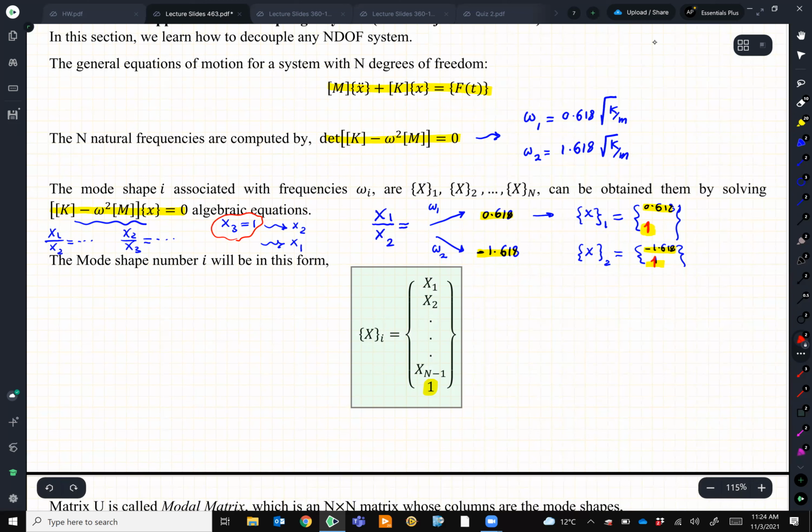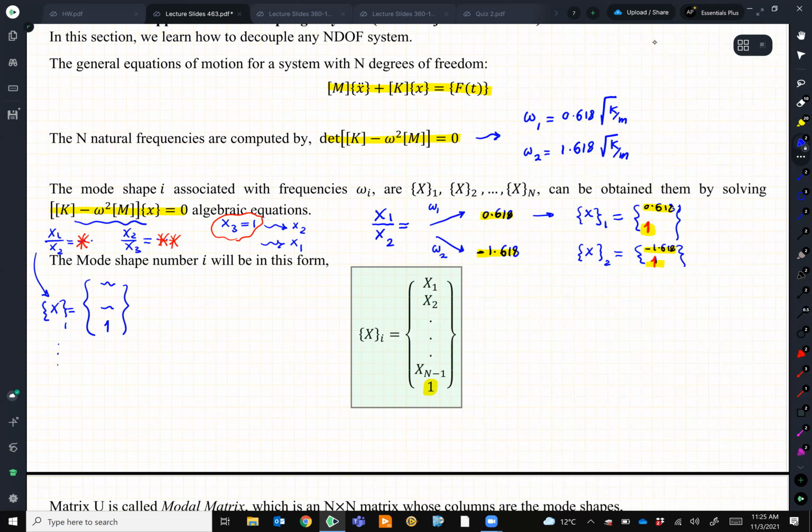Let's say if you have a 3-degree of freedom system, you will find this number, x1 over x2. You will find x2 over x3. All right? So you set your x3 equal to 1, and then you manage to find x2 and then x1. All right? So you show them in a vector format. For example, for a 3-degree of freedom system, your modes are going to be a number, and 1. And that's your mode 1, and so on.